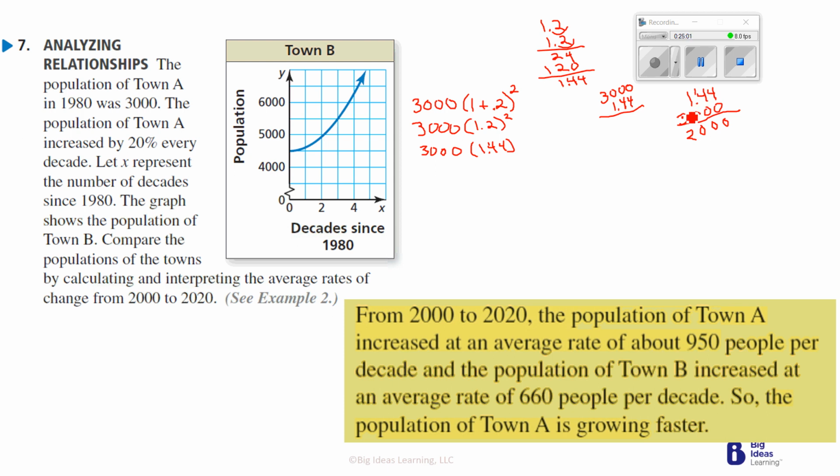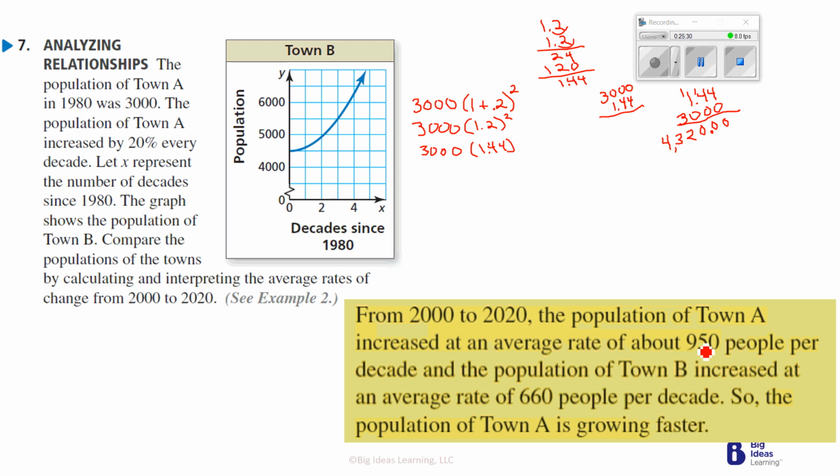Carry the 1. 3 times 1 is 3, and that would be 13. Carry the 1. And then I've got 3 plus 1 is 4. And we move that decimal over twice. So the new population is going to be 4,320.